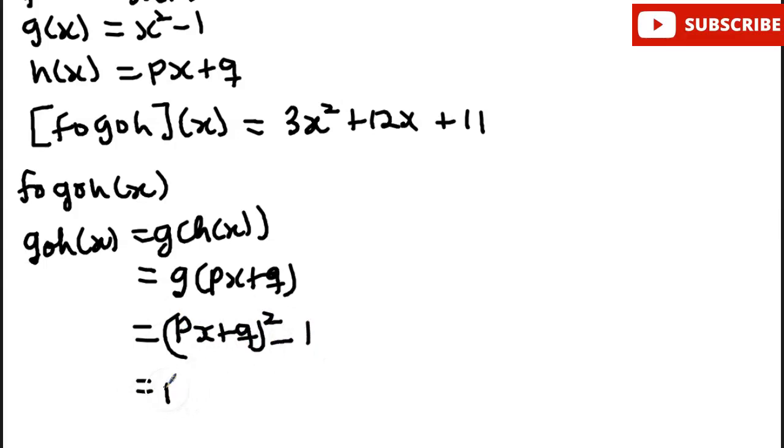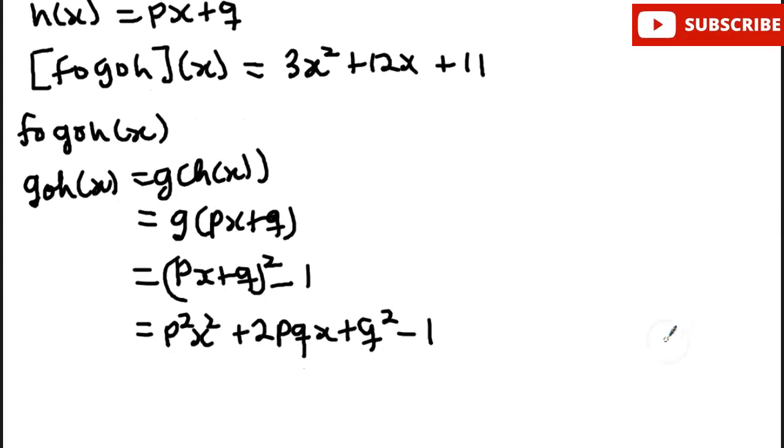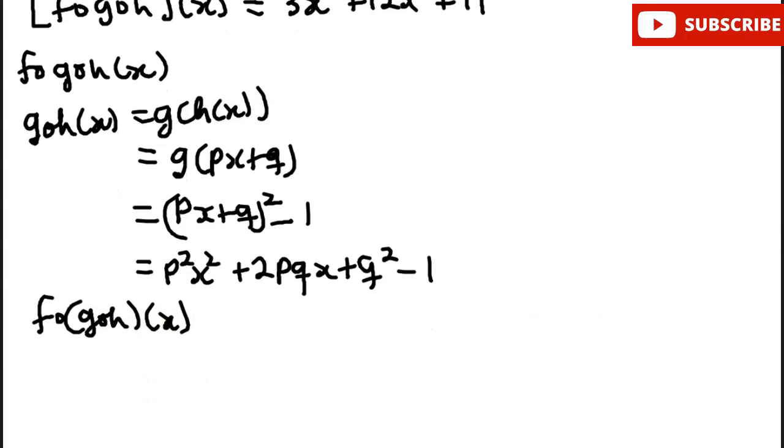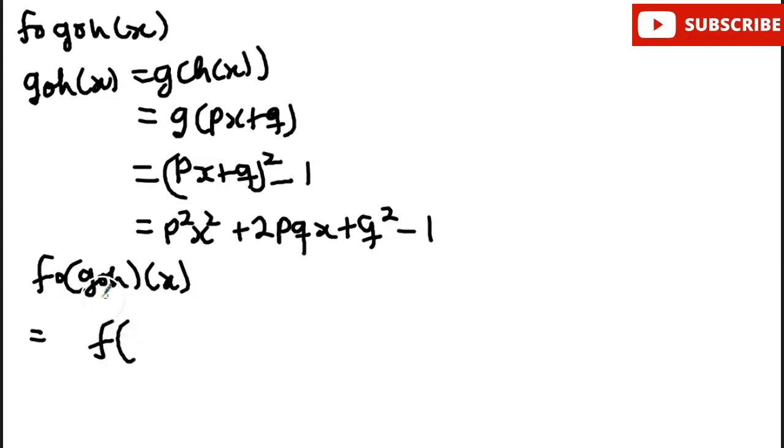Then we simplify. p squared x squared plus 2pqx, and then we square this one, plus q squared minus 1. We then find f of g of h of x, which is f of p squared x squared plus 2pqx plus q squared minus 1.